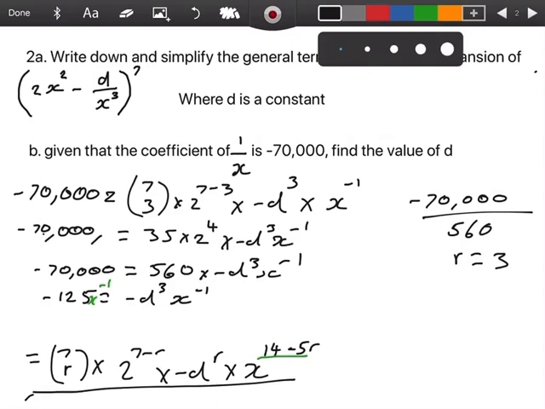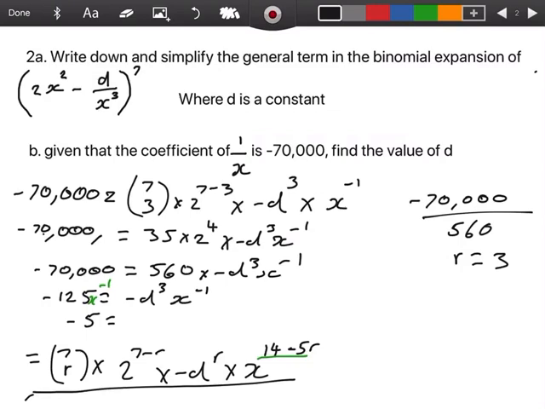That gives negative 5. So negative 5 equals the cube root of negative d cubed, so negative d equals negative 5. So d has to equal 5. And there we go. We have our answer for the second question. We found our value of d.